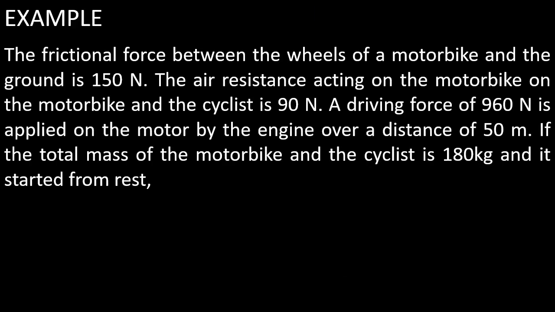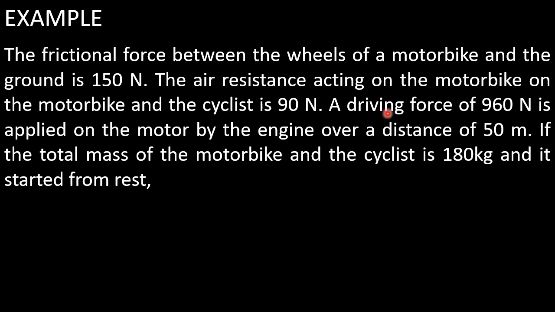Let's look at another example. Here we have a frictional force between the wheels of a motorbike and the ground of 150 newtons. The air resistance acting on the motorbike and the cyclist is 90 newtons.